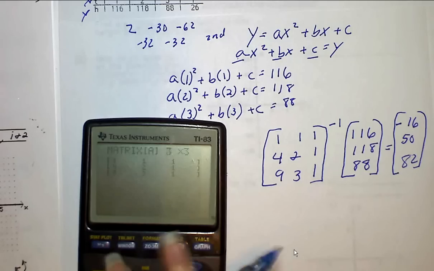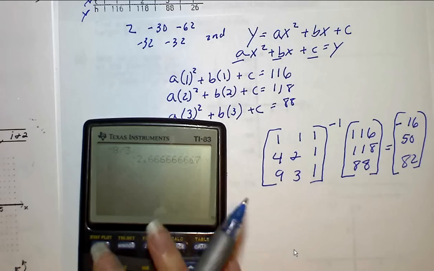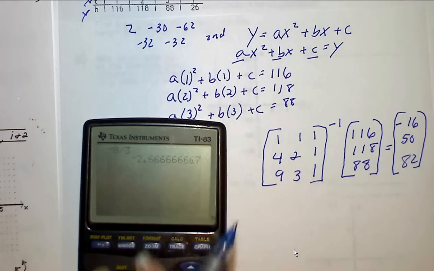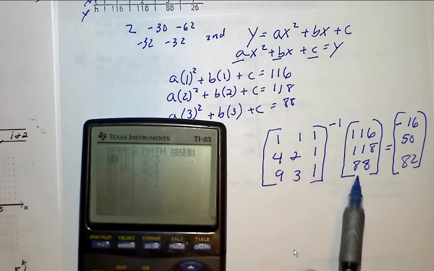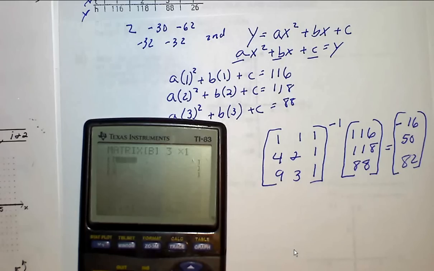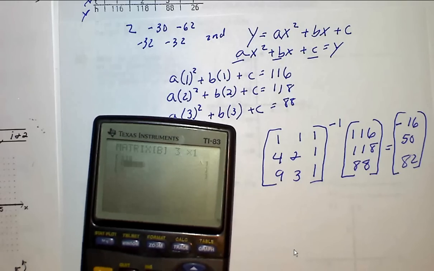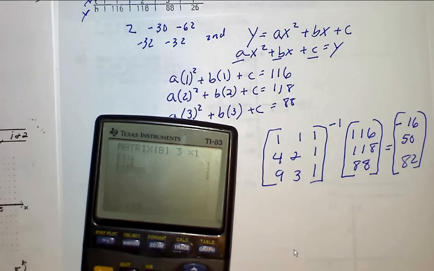So your second matrix, and this calculator is just matrix. Go back to edit, and then put this in B, which is 2. I'm going to edit that, and it would be 116, 118, and 88.